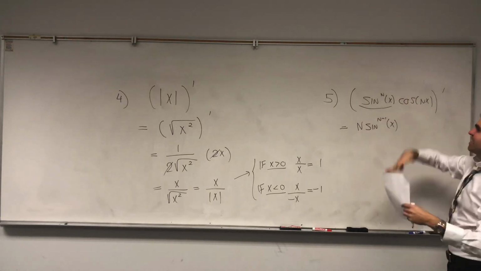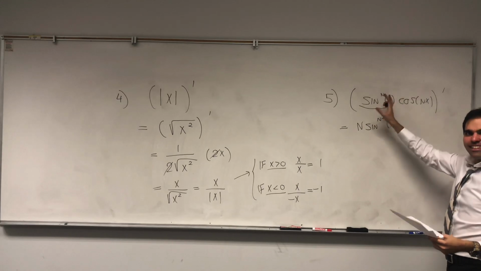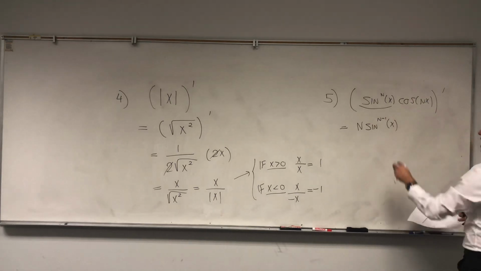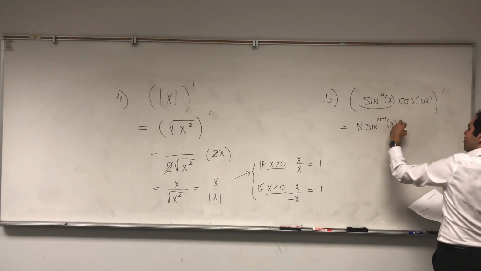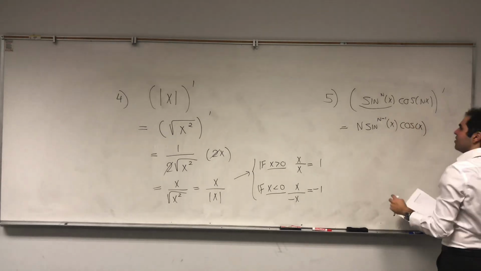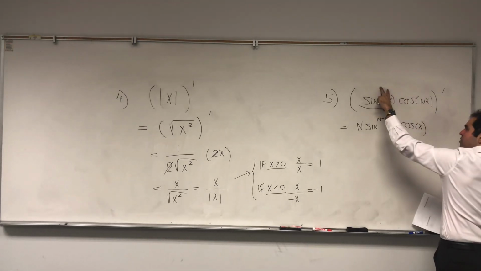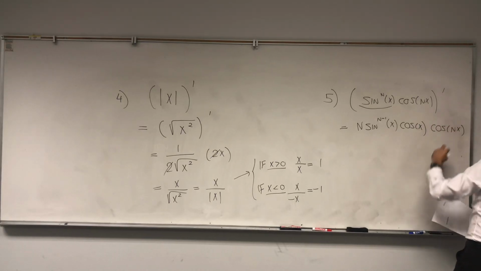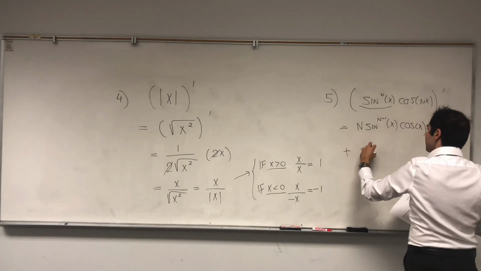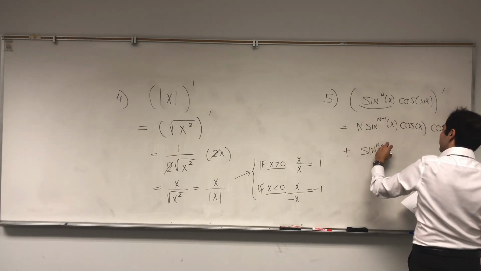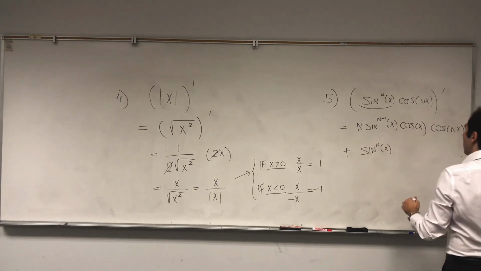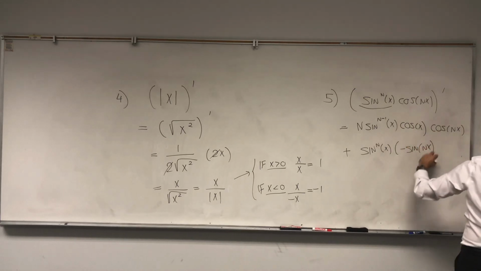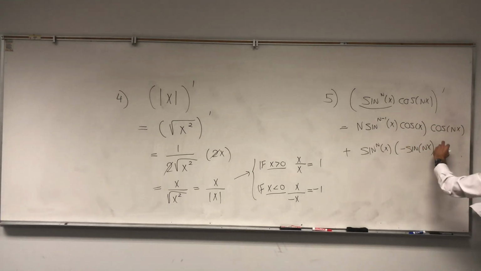Because this is sine of x to the nth power, the outside function is x to the n, so n x to the n minus 1, times the derivative of the inside function, which is cosine of x. That is the first part of the product rule, and you multiply that by g, so cosine of nx, plus f, which is sine to the n of x, times the derivative of cosine nx, which becomes minus sine of nx, times the derivative of nx, which is n.